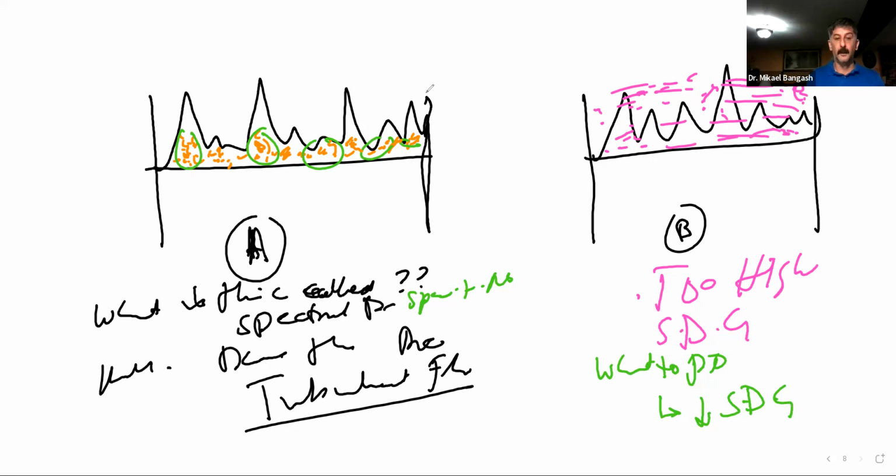Clear? What can be asked here is, what can be done? Well, if it was actually turbulent flow, there's not much you can do. Turbulent flow is there. It's there. Clear?